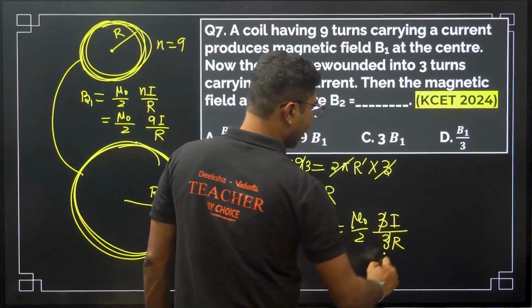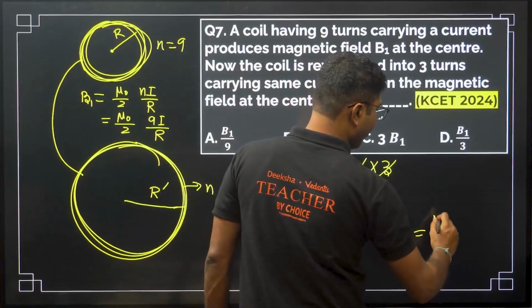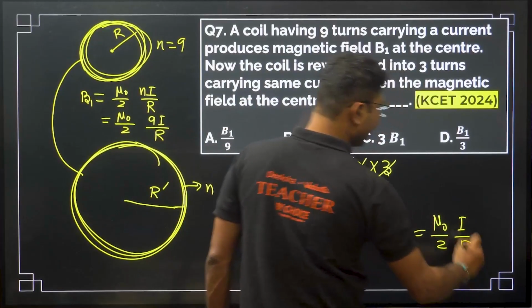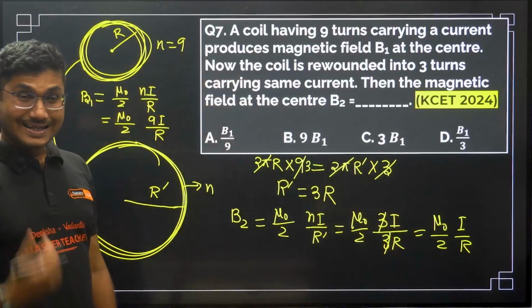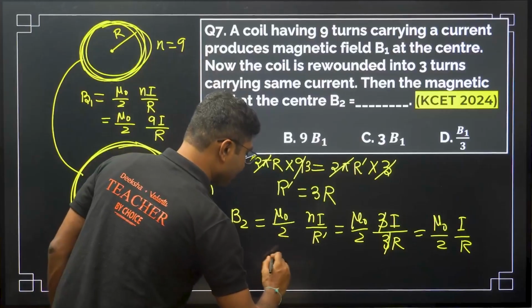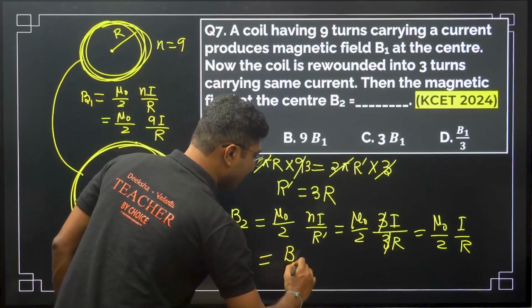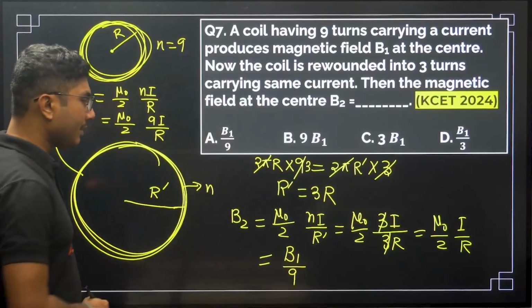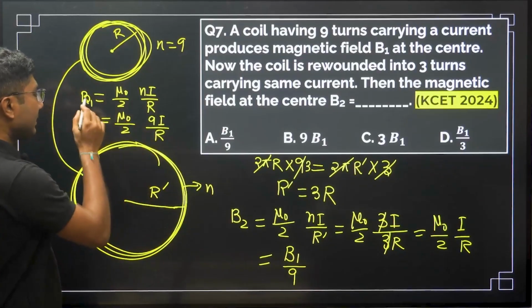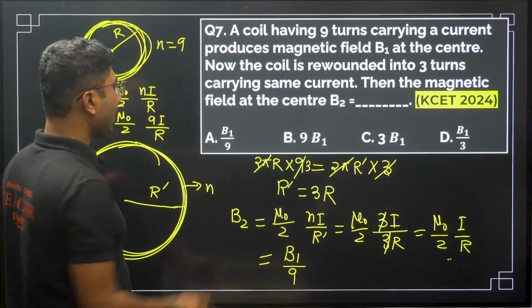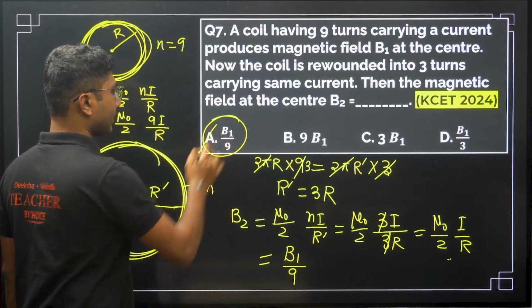So 3 cancels and you get mu naught by 2 I by R. So as you can see, the magnetic field decreases, by 9 times. So B2 equals B1 by 9. If you divide B1 by 9, you get this answer, right? Option A is correct.